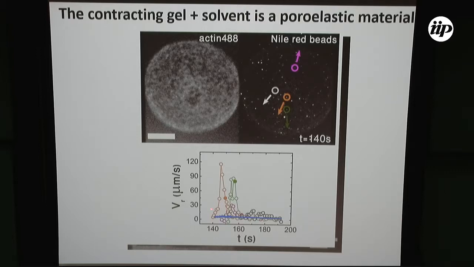If this is the velocity of the boundary of the gel, this is the blue one, and this is typically 7 to 8 micron per second. You see the velocity of the fluid that is getting outside can reach something like 20 times higher. So it is a huge expansion of water outside.